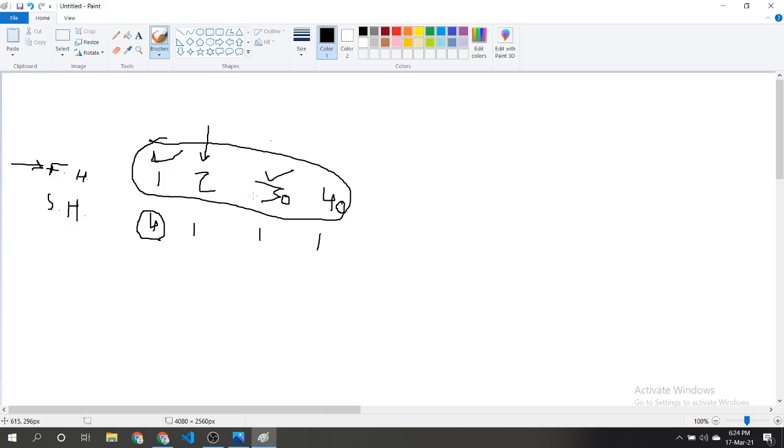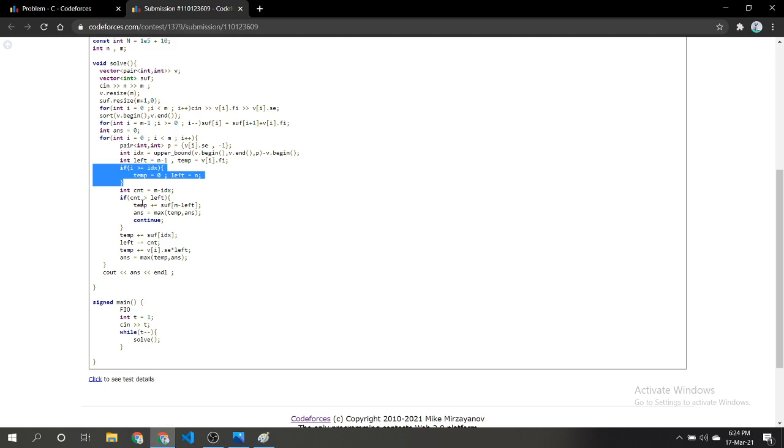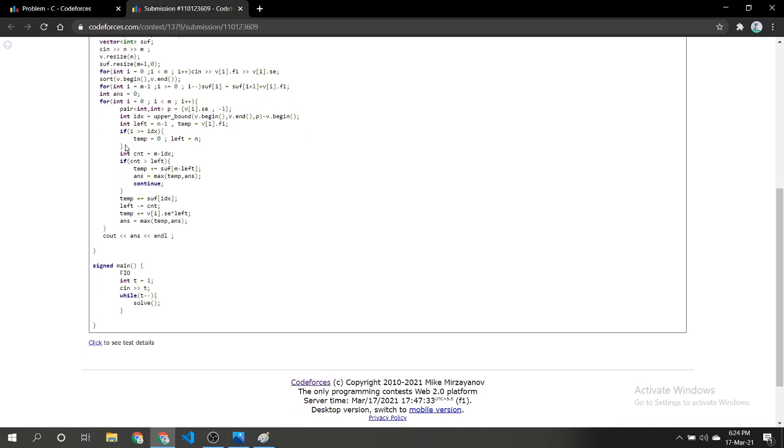To take care of this duplicate, if my current i is greater than or equal to idx, I am left with n, because I didn't buy this current element; I will be buying it from my suffix array, and temp will again be 0. Now my count will be the number of elements from idx to the end.